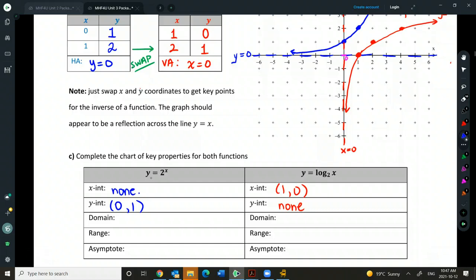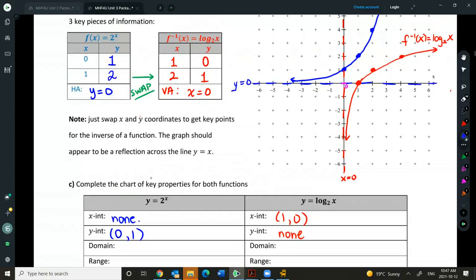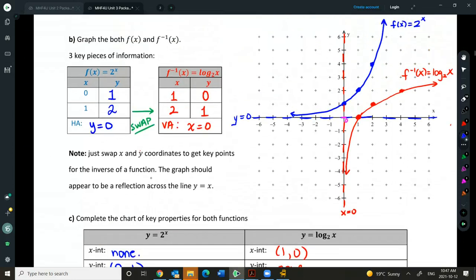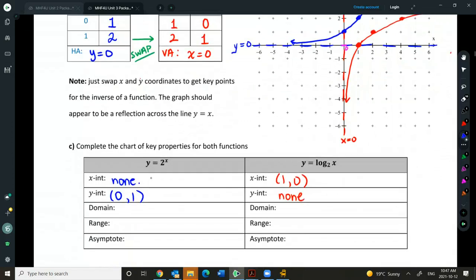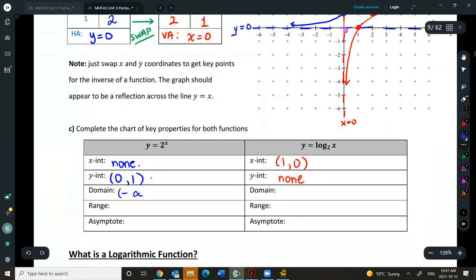Domain. So we're thinking back, we did a recap of this for polynomials, but we can do interval notation if you guys want, or inequality notation. So left to right for the blue function. Are there any restrictions left to right for the blue function? Okay, so let's say negative infinity to positive infinity for domain here.